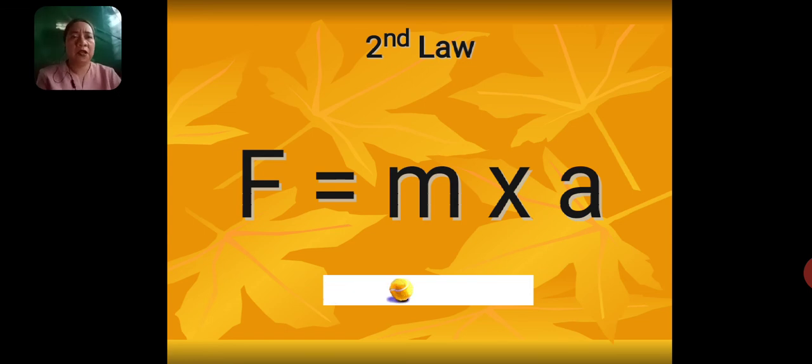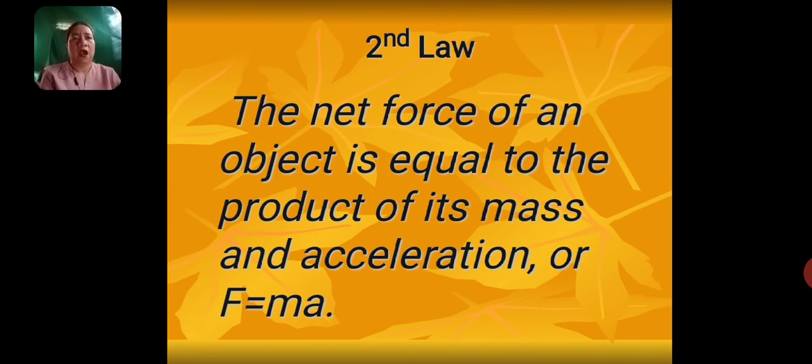So, the force or the net force of an object is equal to the product of its mass and acceleration, or simply the formula F equals M times A. Or simply, force is equal to mass times acceleration.